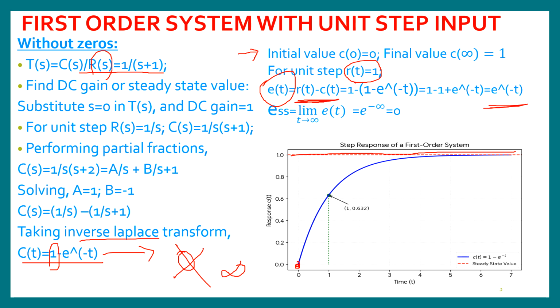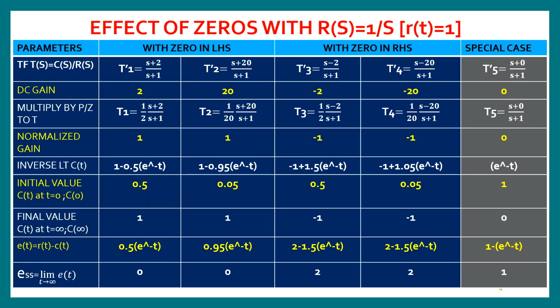So substitute t as infinity, so it will become 0. It means when a unit step input is applied to the function, it will respond without any steady state error. For ramp input or parabolic input, according to the given nature, there will be error. But for step input, it will respond without any error.